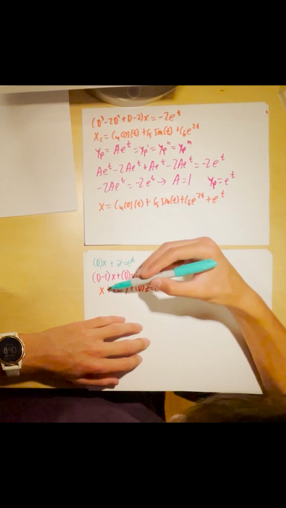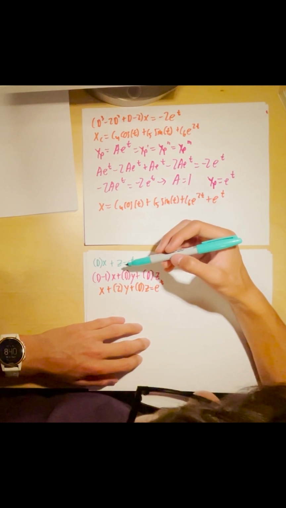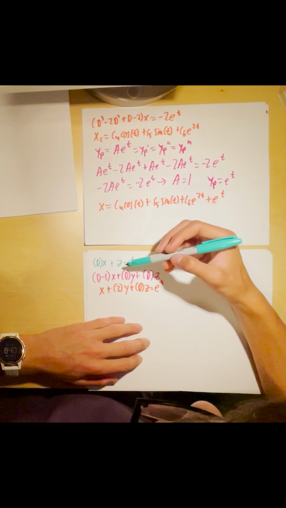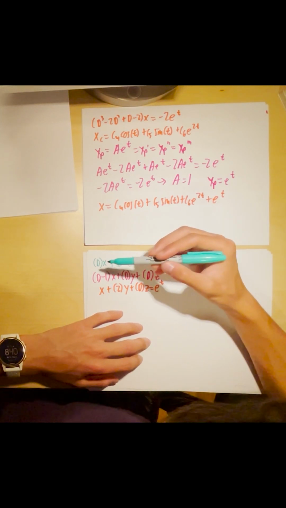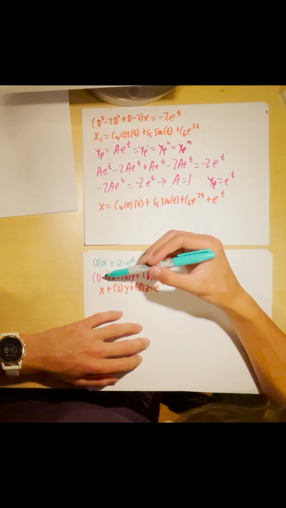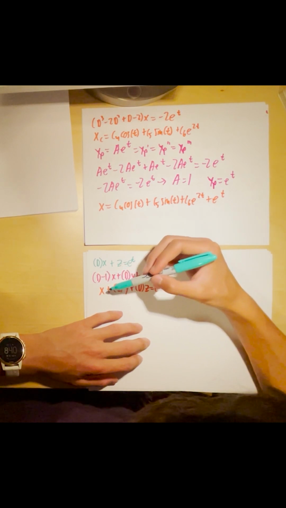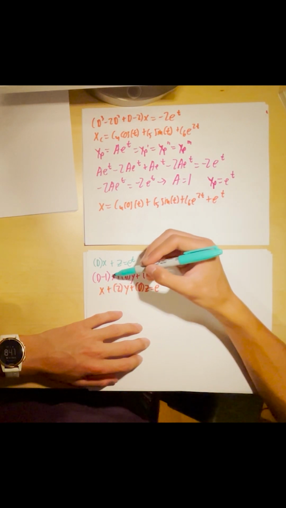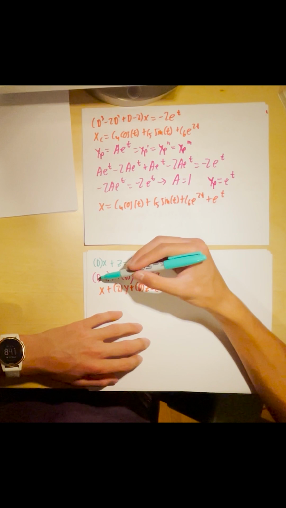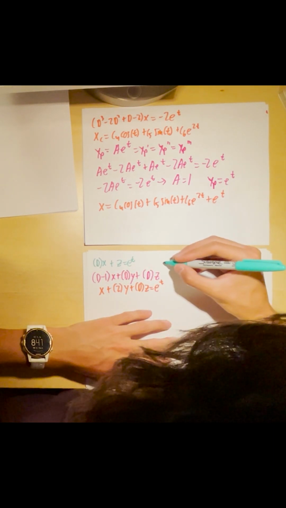I want to eliminate x, and what I notice is if I multiply the top equation through by -2, I'll get -2d. If I multiply this one through by 2, I'll get positive 2d minus 2. Then if I multiply the bottom one through by 2, I'll have a positive 2. So the positive 2x will cancel with this negative 2x, and the positive 2d will cancel with this negative 2d. Let's implement this.